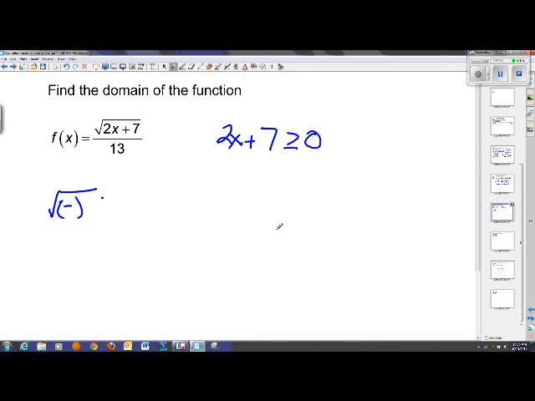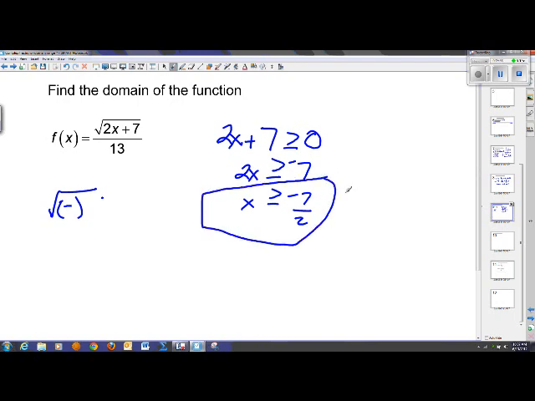And this is how we're going to state the domain of this. When I solve this inequality, I get 2x is greater than or equal to -7, and x is greater than or equal to -7 over 2. This, x is greater than or equal to -7 over 2, is my domain.